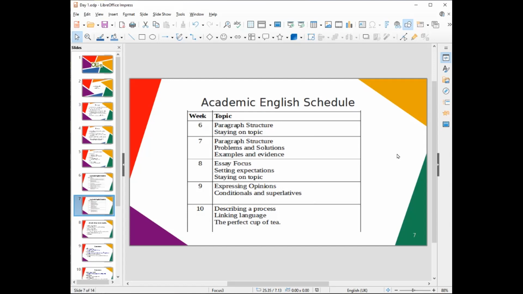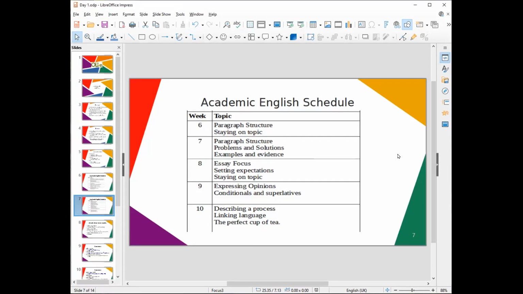And then we'll start building those paragraphs into essays and look at how we do that and keep everything focused. In the end, you will be able to write more clearly in English than you did before, whatever your level of vocabulary. Right.